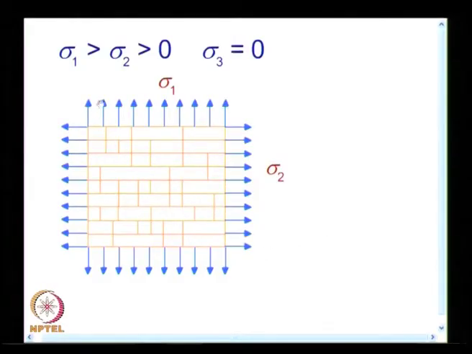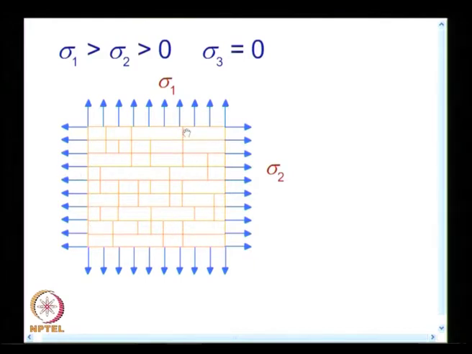Only when it is double, in an ideal situation, only when the loading is doubled, you will have the second set of cracks formed. So, what you have here is when sigma 1 and sigma 2 both are greater than 0, and this is a situation where sigma 1 was much larger than sigma 2. So, you have two sets of cracks formed.